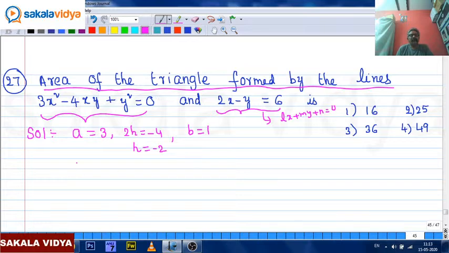So we get L equals to 2, m equals to minus 1, n becomes obviously minus 6.